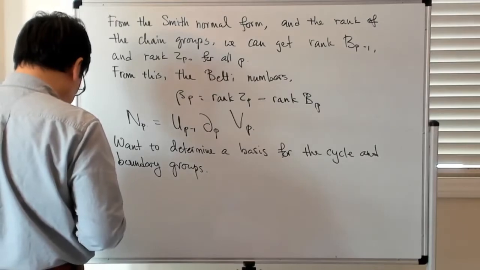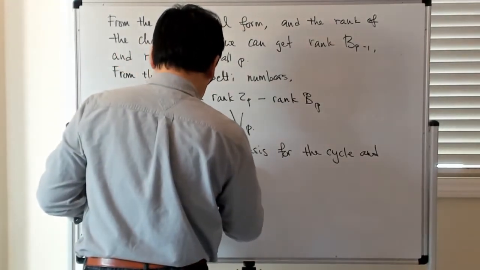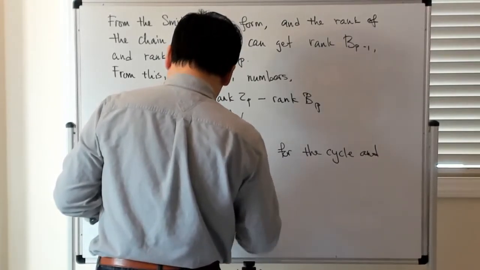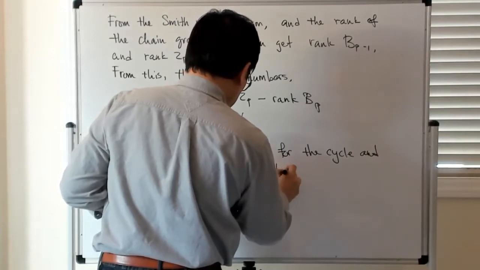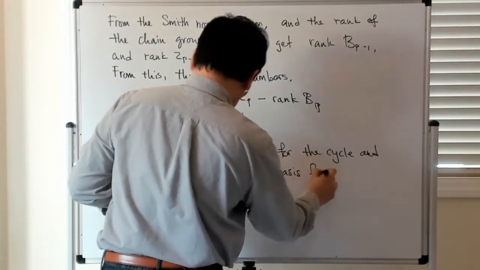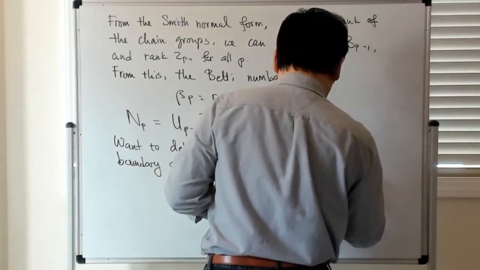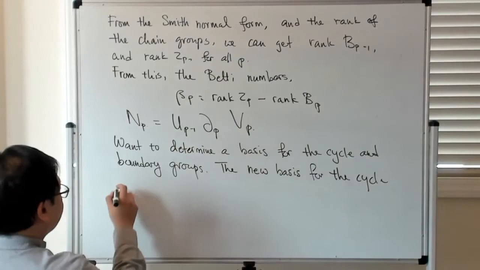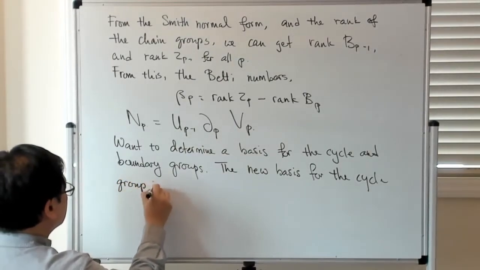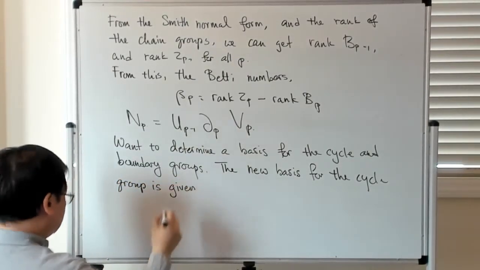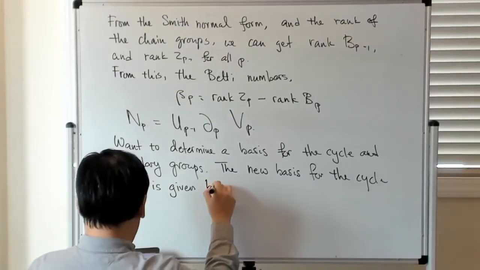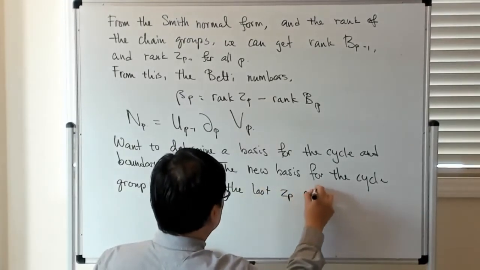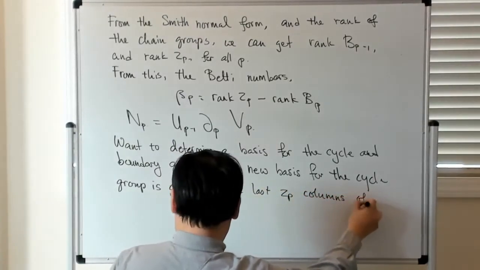The point basically is that the new basis for the cycle group is given by the last ZP columns of VP.